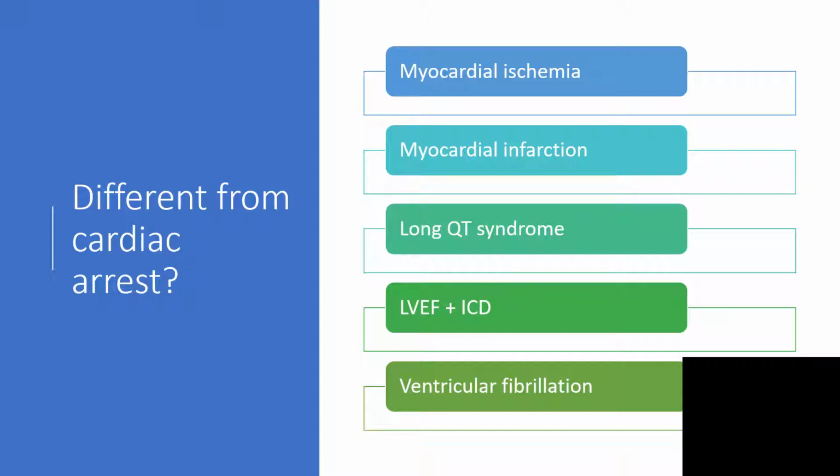But if that is not done and the individual goes into ventricular fibrillation, there is possibility of sudden cardiac death or cardiac arrest. The commonest cause of cardiac arrest or sudden cardiac death is ventricular fibrillation.